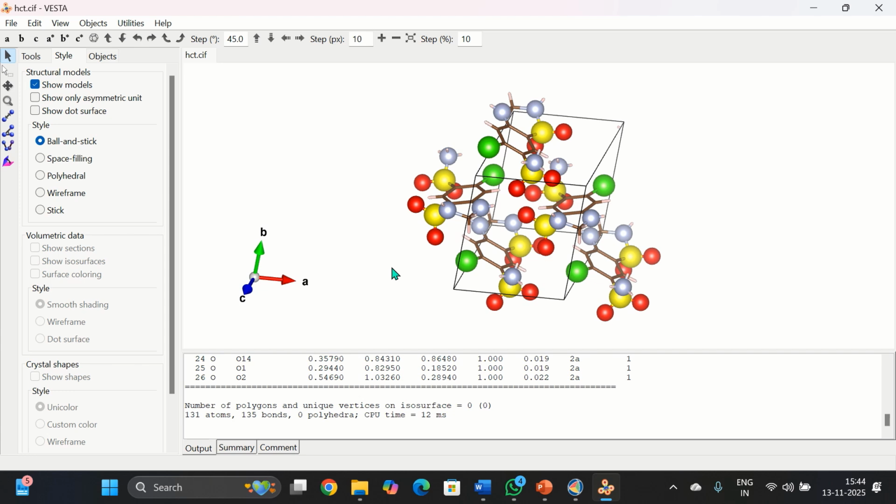So the PXRD pattern is extremely important because it allows the comparison between the calculated diffraction of the pure crystal structure and the experimental powder sample. A good match confirms that the solid sample obtained experimentally corresponds to the same crystalline phase that we solved in the single crystal form.